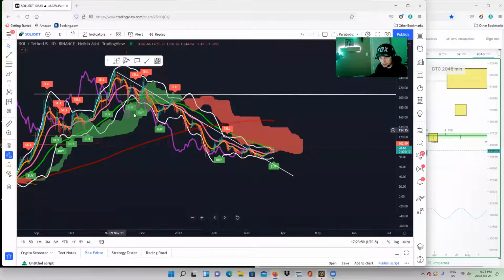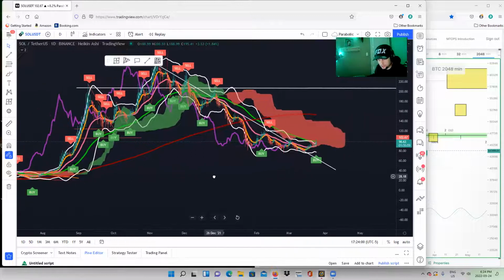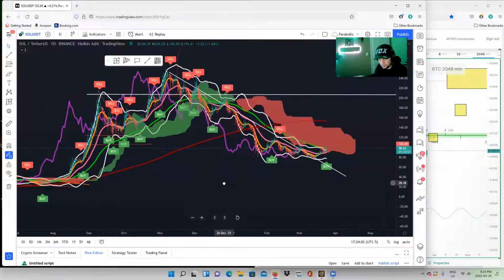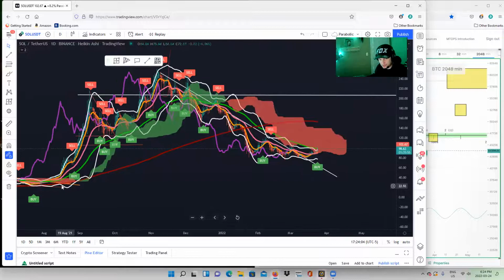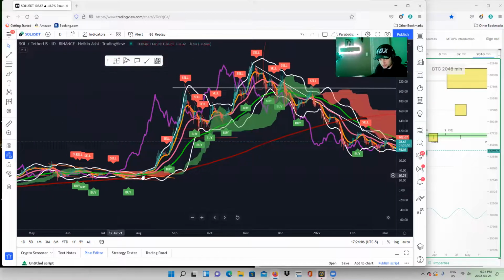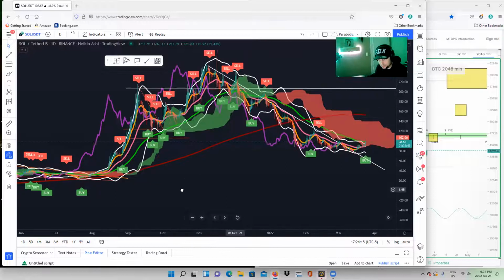These cloud indicators, again, they're just there as a way for me to look at certain things. But the cloud is really not a true identifier. What you'll want to see in the cloud is you can see the Bollinger has been sitting kind of red here, and then suddenly it swaps to green on the cloud, and we start to see this big green cloud.